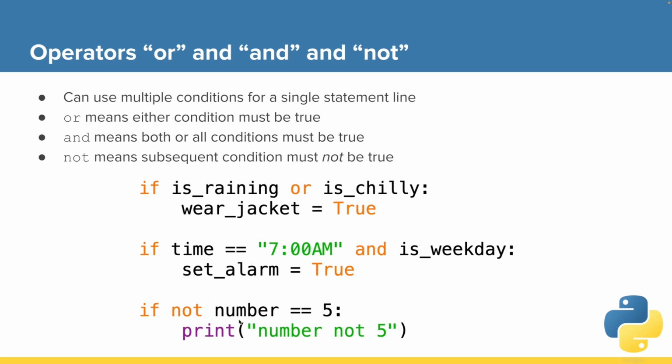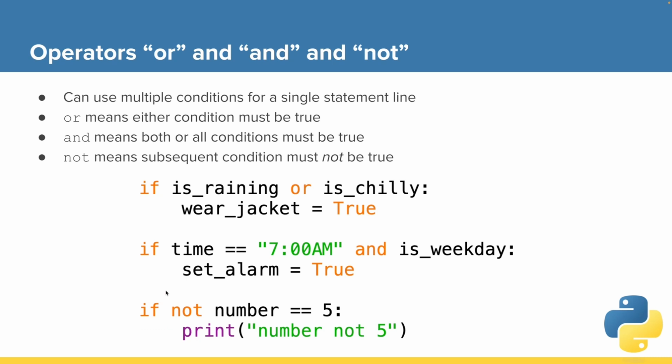Well, then our condition is saying if it's not number equal 5, execute this code. So this code will not be executed if our number is equal to 5. It will be executed if our number is not equal to 5.